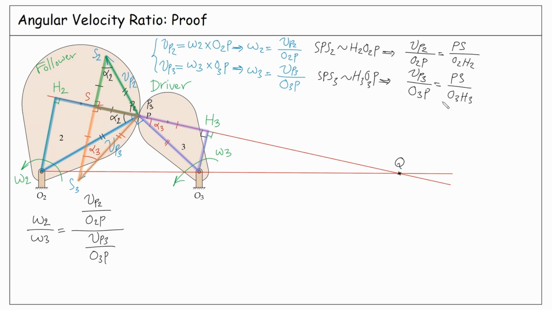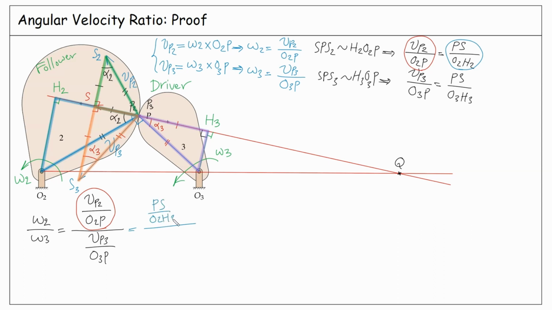Now, let's go back to the ratio of the angular velocities. In place of this term, which is the same as this one, we can use this guy, PS over O2H2.